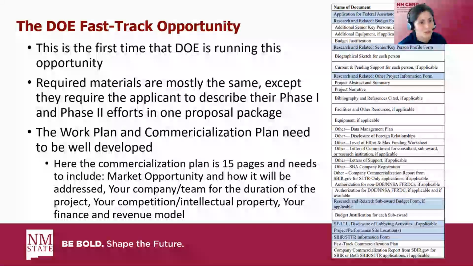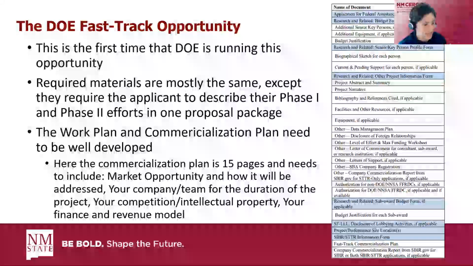And then for the materials required in each proposal, everything is almost exactly the same, except that for fast track, they really want you to describe phase one and phase two efforts in your proposal package. This does include your work plan for 33 months.